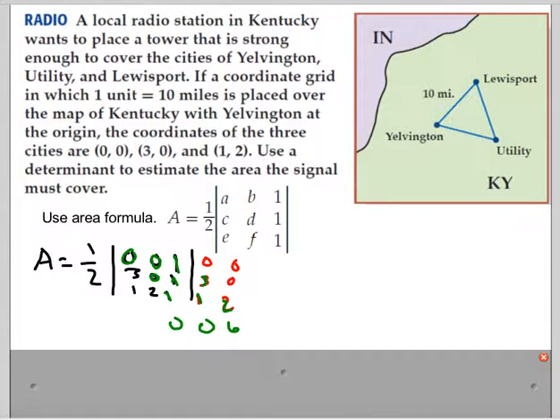And then we can go up. So going up, we've got 1, 0, 1 gives us 0. 2, 1, 0, multiplying, we get 0. And 1, 3, 0, we get 0. So we've got 0 plus 0 plus 6 minus 0 minus 0 minus 0 gives us 6.